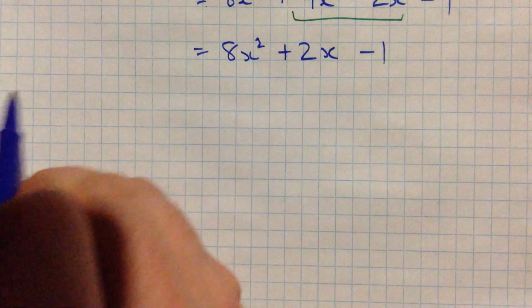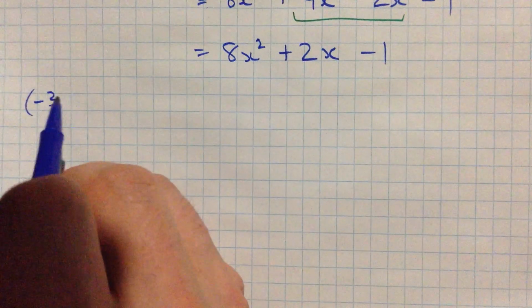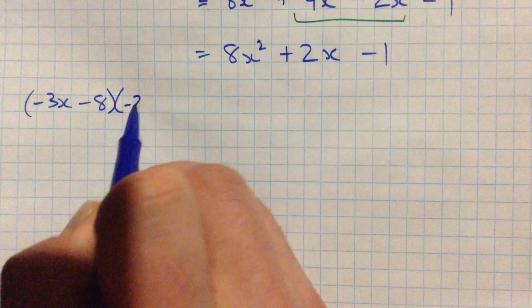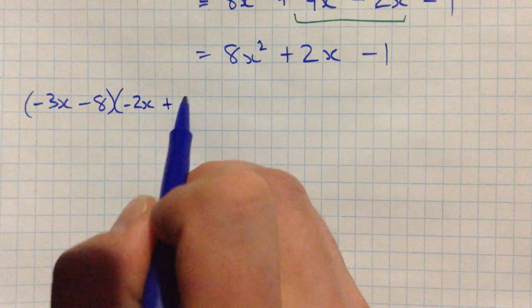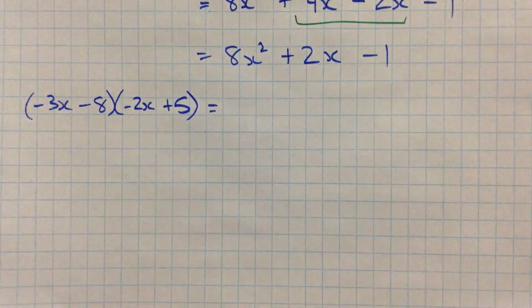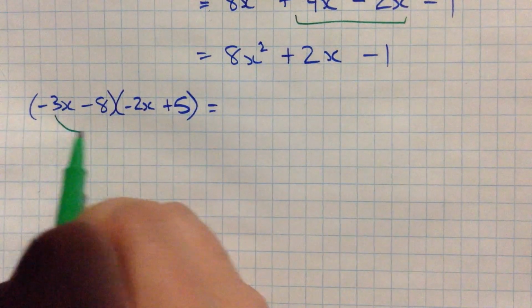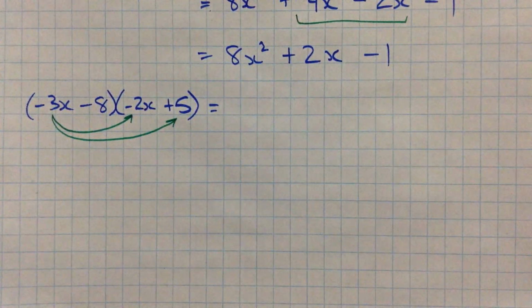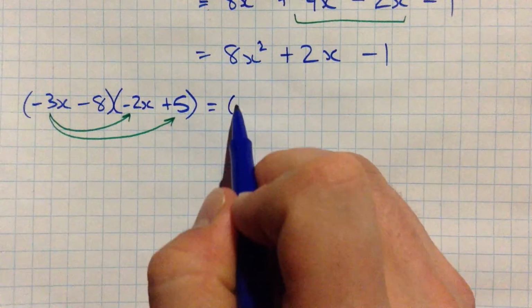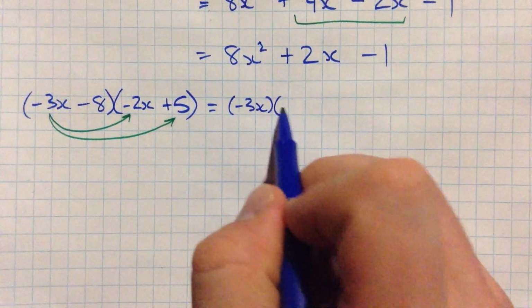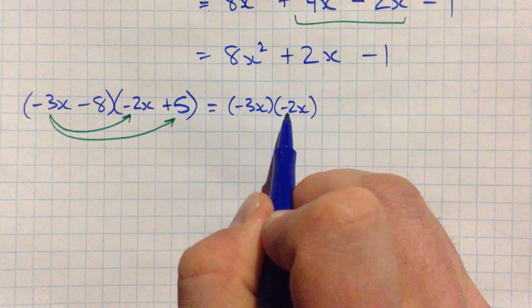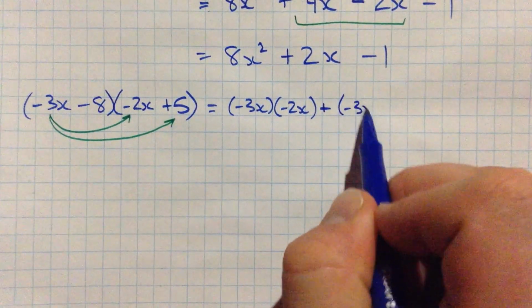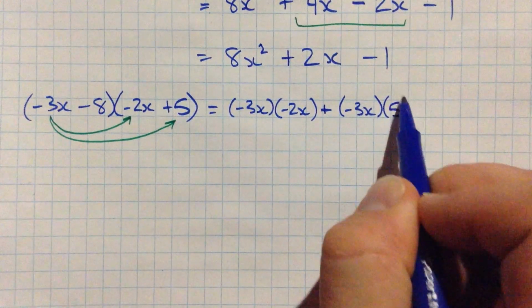Alright, we're almost there. Let's get one more finished here. Negative 3x minus 8. Negative 2x plus 5. Alright, same as before. First term here times the first term there, and also times the second term. We'll start with that and then we'll continue. Negative 3x times negative 2x, keeping my minus signs inside of the brackets, plus negative 3x times 5.